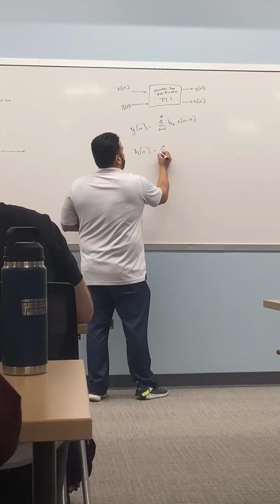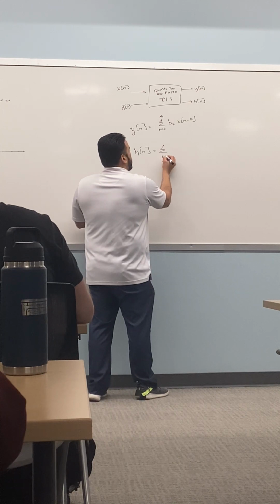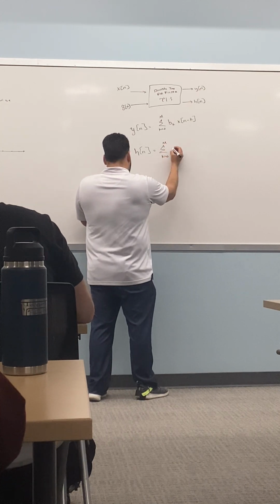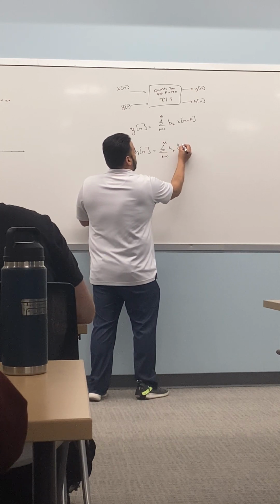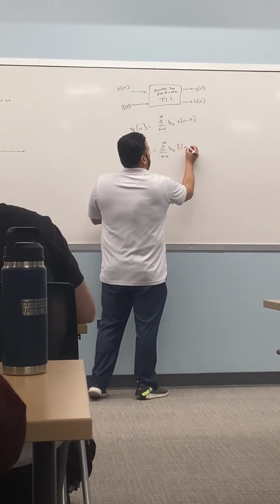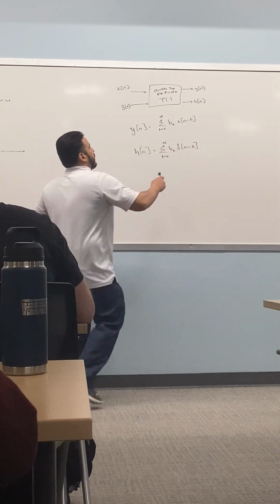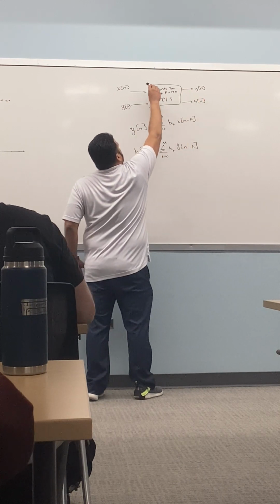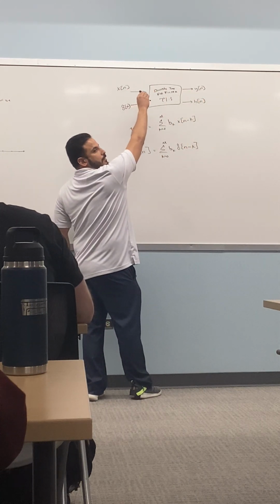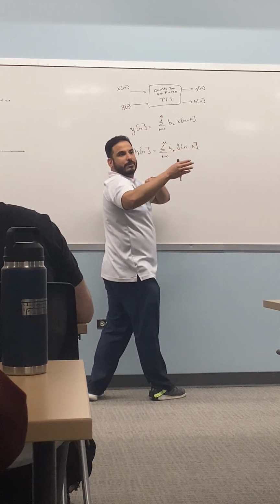So then your h of n becomes the summation from k equals 0 to M of b of k times delta of n minus k. Because we know that this y of n was this x of n with whatever that black box did to it at each individual impulse. So if you just put in a delta of n, those b of k's are going to come out.